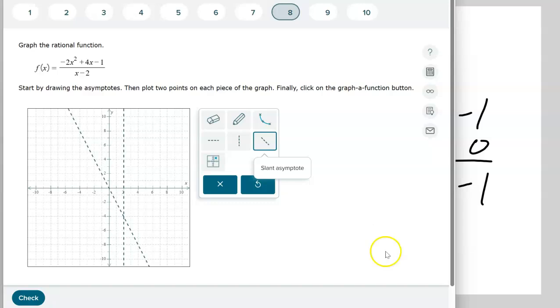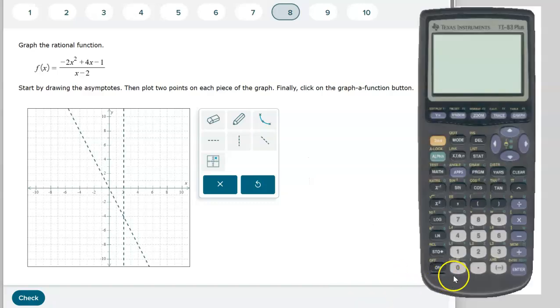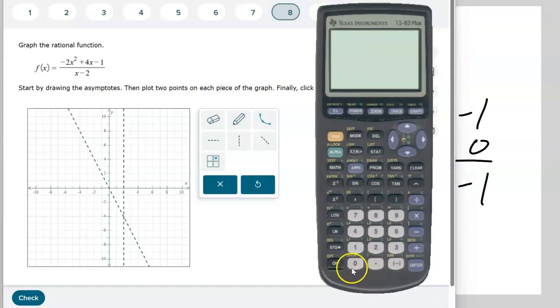So we're going to grab our calculator here, and we're going to start putting numbers in. If I put a 3 in for x, I'm going to have negative 2 times 3 squared plus 4 times 3 minus 1, and that's going to give us a negative 7.